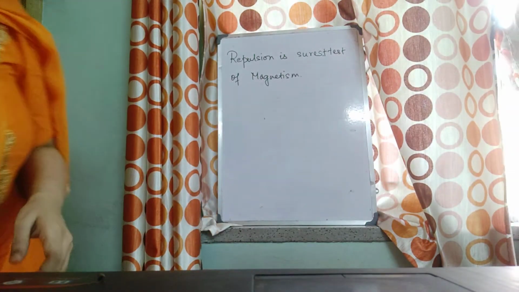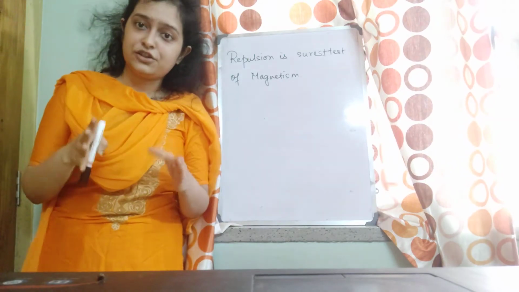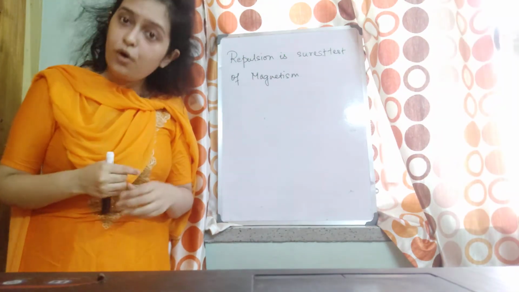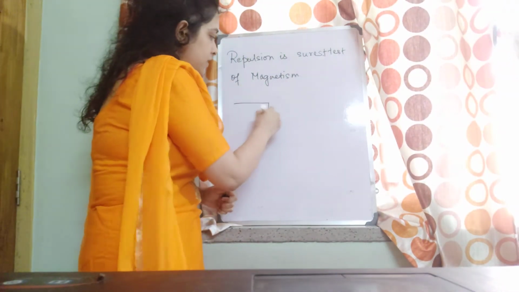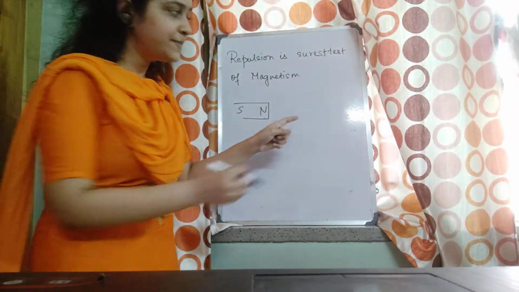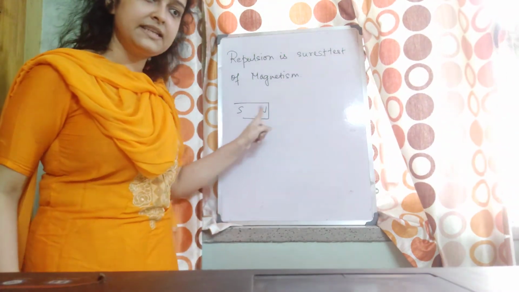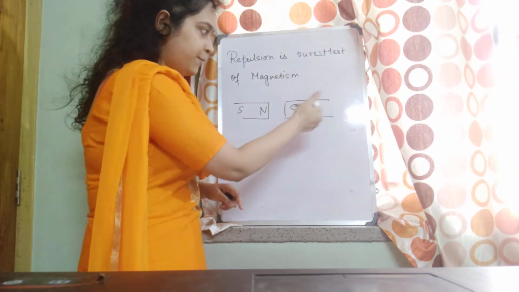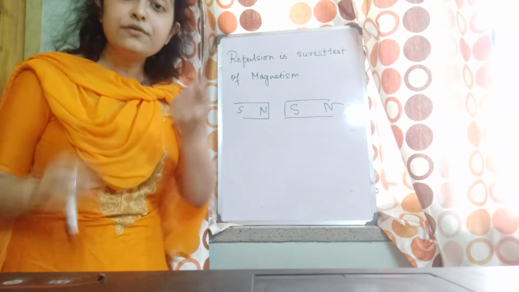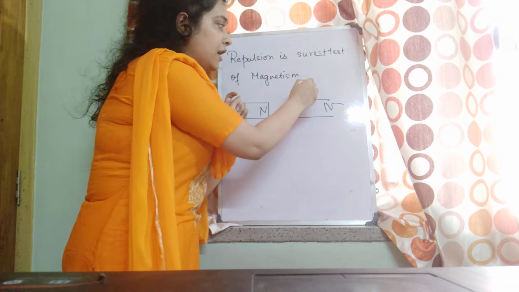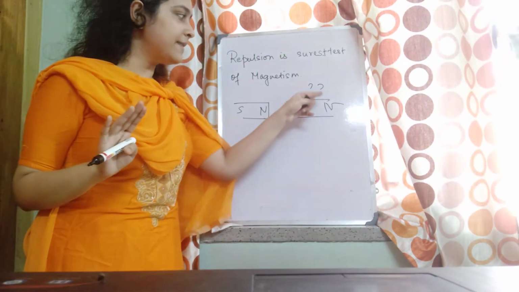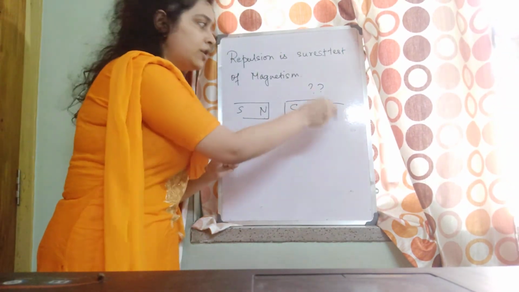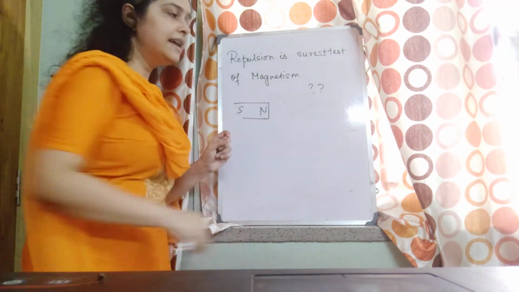So basically, a magnet can attract magnetic substances as well as an opposite pole. Suppose I have the north pole of a magnet and I keep some iron pins or nails in front of it, it can attract them, and if I keep another magnet's opposite pole, it can also attract. So if I am asked whether something unknown is a magnet or not, and it is getting attracted, I won't be able to tell, because even if it's not a magnet but a magnetic substance, it will be attracted.